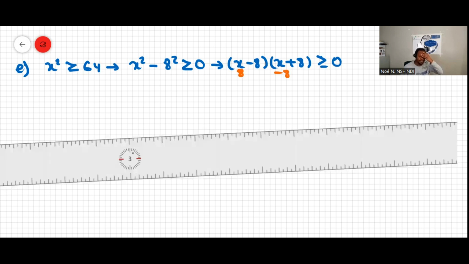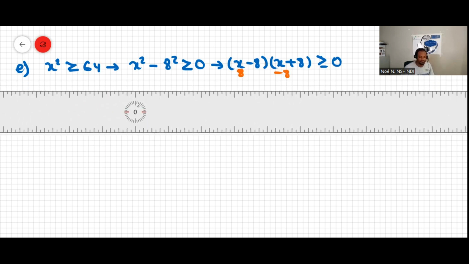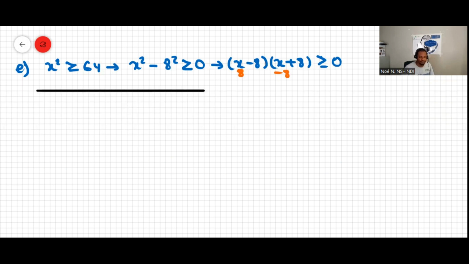So now in the number line, if I draw my number line over here, this will be negative 8 and then 8. If I look at a number lesser than negative 8, in this interval, for instance, it will be positive, because if I take negative 9, I have negative 9 here and negative 9 there, I'll get a positive number.